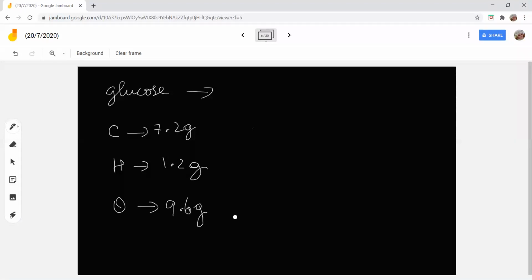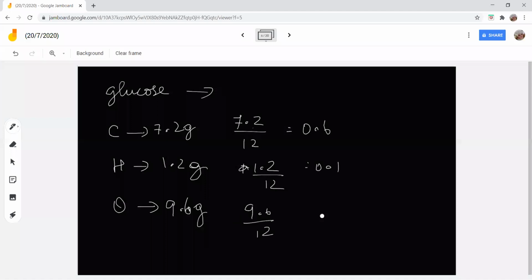Now what will I do? Is it possible for me to calculate the molecular formula from this? Can I tell what the molecular formula is? Let me try. If I say 7.2 divided by 12, the number of moles you will get, correct? Hydrogen 1.2 divided by 1. Oxygen, it is 9.6 divided by 16. If I solve this, I'll be getting 0.6, 1.2, and 0.6 again.